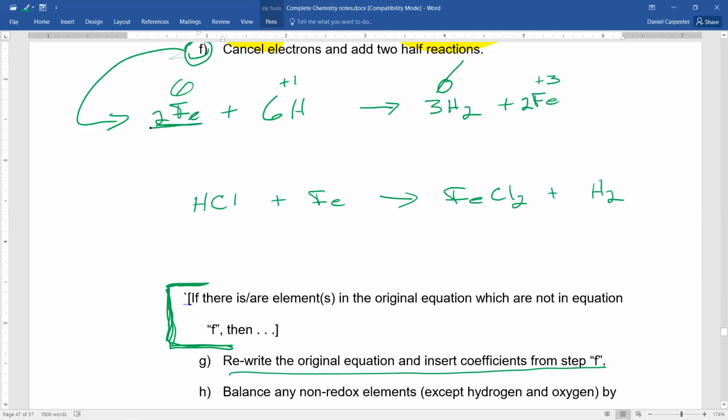The 2 is in front of the Fe, so I have to put 2 in front of Fe on the left. The 6 is in front of the H, so I have to put the 6 in front of where this H came from on the left, which is right there. 3 in front of the H2 on the right. The H2 is right there. 2 in front of the Fe. Where'd the Fe come from? Came from FeCl3. Whoop, it was 3, not 2. So I need a 2 here.